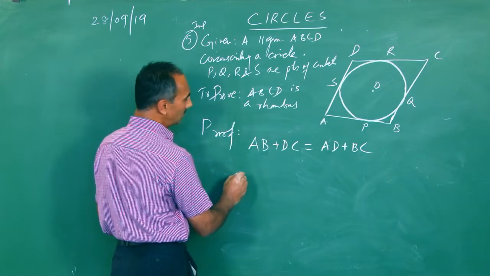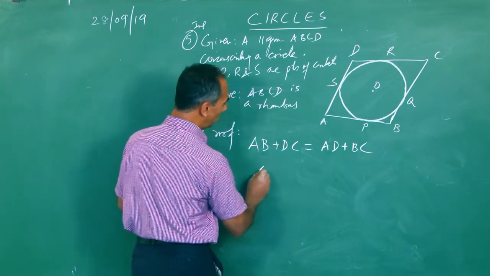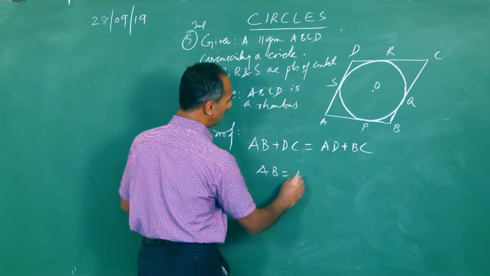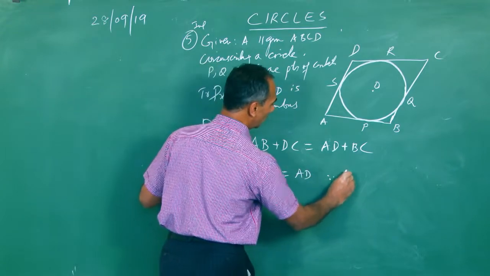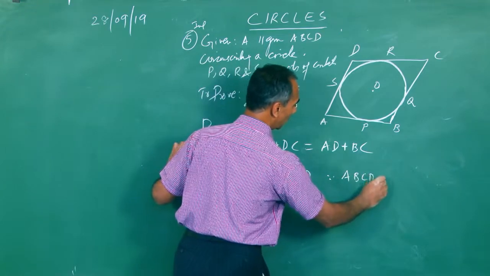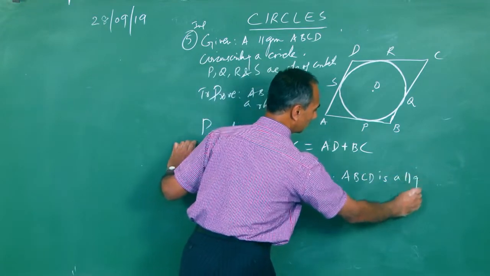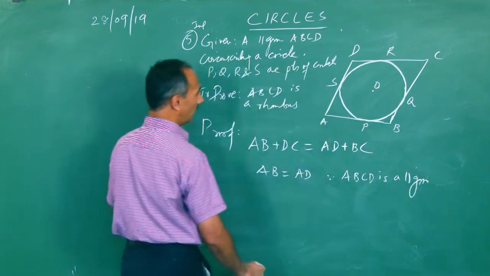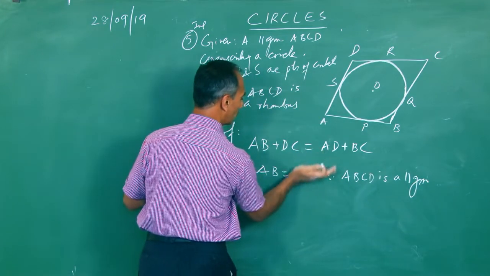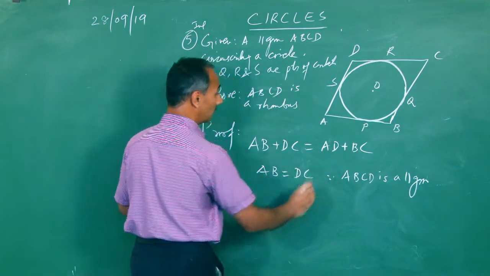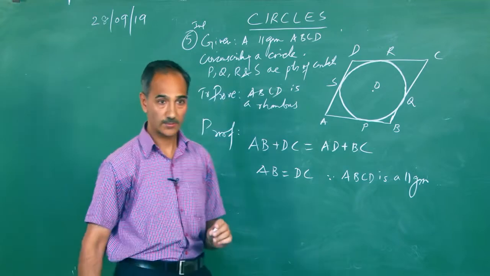since ABCD is a parallelogram, opposite sides are equal.